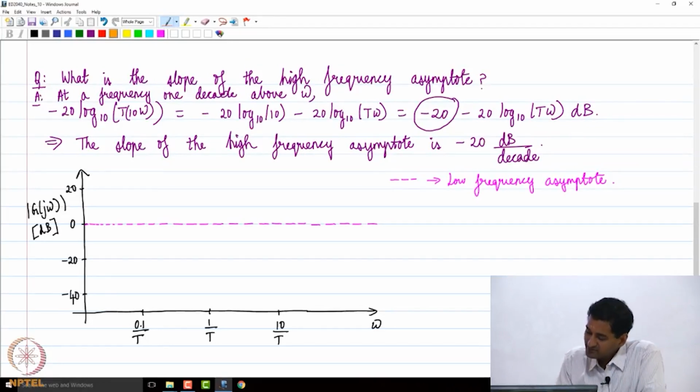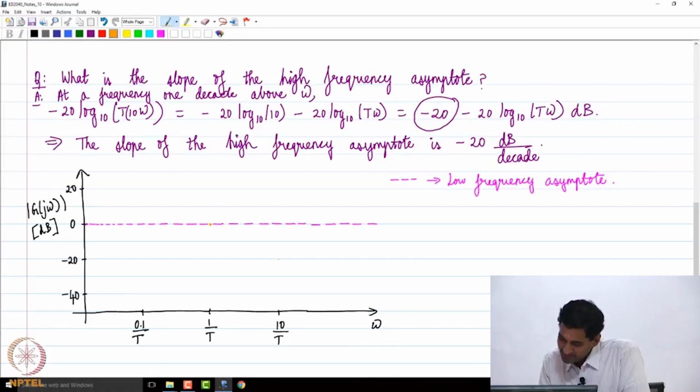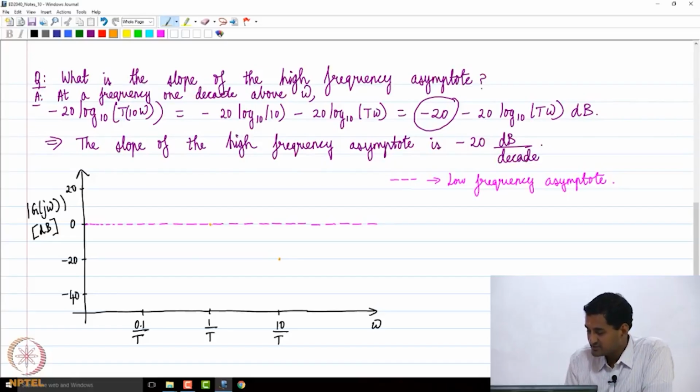So what about the high frequency asymptote? It once again makes sense only after 1 by capital T. So how do I draw it? At 1 by capital T, the value is 0 decibels. At 10 by capital T, it is going to be minus 20, so I plot minus 20. Essentially, I draw a straight line which passes through these 2 points.